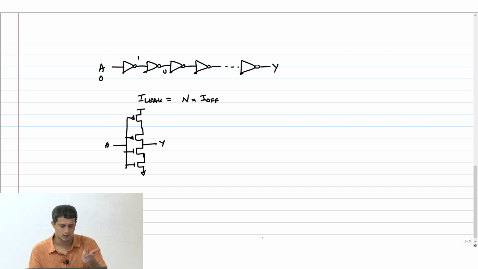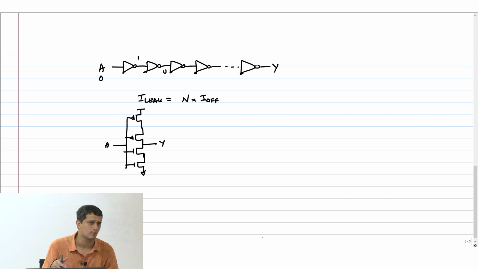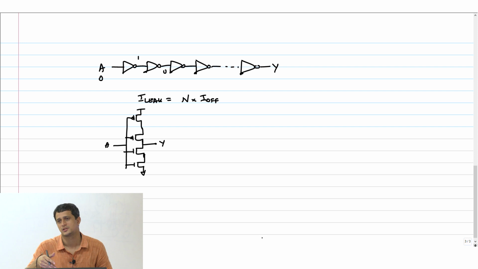If it is 1, then the PMOS will be leaking, and I'll have a 2-stack PMOS. Of course, the issue here is, later we will see, that the delay will go up significantly, because now I have to discharge through 2 transistors in series. Effectively, it's like R plus R, the resistance is 2R, rather than discharging through just R. Delay is going to go up significantly. So therefore, this cannot be done at every single gate level.